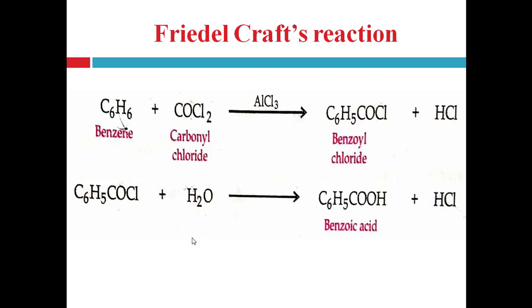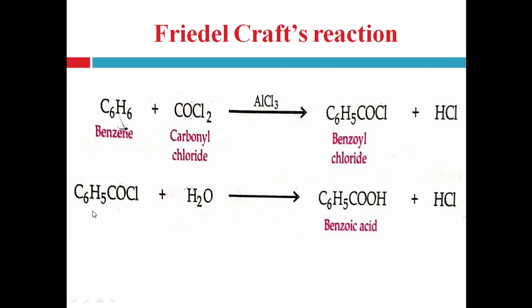This acts as an electrophile and attacks the benzene ring, and this COCl group replaces a proton from the benzene ring, and it is converted into benzoyl chloride, that is C6H5COCl. Six hydrogen atoms are present; from that, one hydrogen atom is replaced with this COCl group and hydrochloric acid is removed.